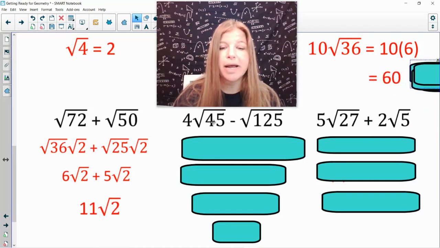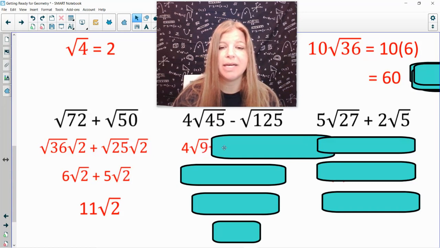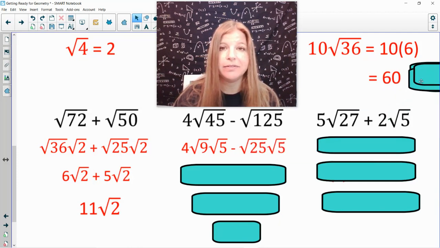Next one, 4 radical 45. So this is 4 times what perfect square goes into 45? Hopefully you said 9, so that would be radical 9, radical 5, minus radical 125. What perfect square goes into 125? Hopefully you said 25, so that would be radical 25 times radical 5.